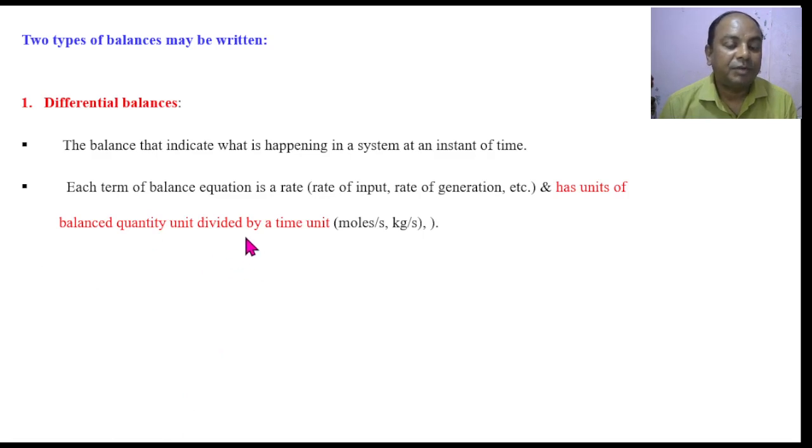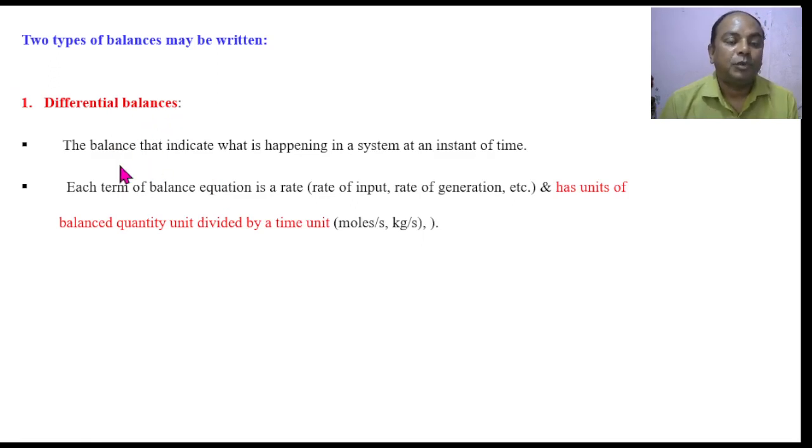That instant of time must be divided into the quantity which we are calculating, what we call the balanced quantity. So depending upon the instant of time we have determined, and what is exactly happening in the system within that instant, when we want to make a material balance calculation, we use the differential balance.